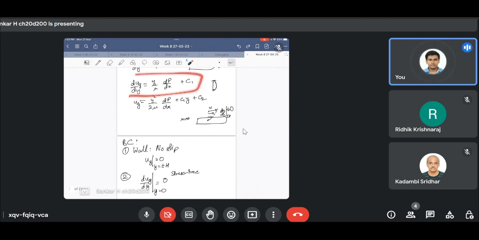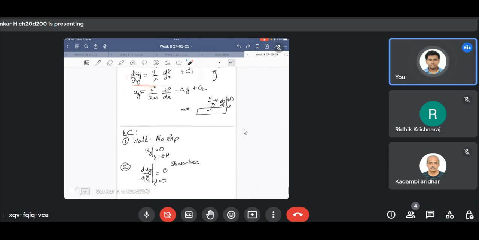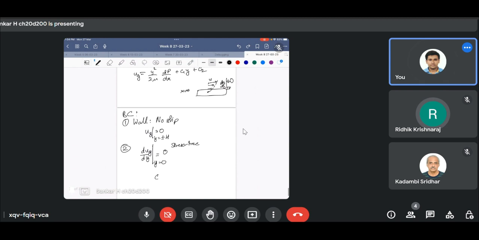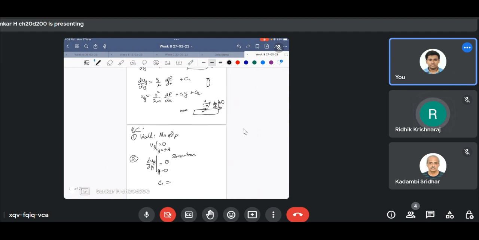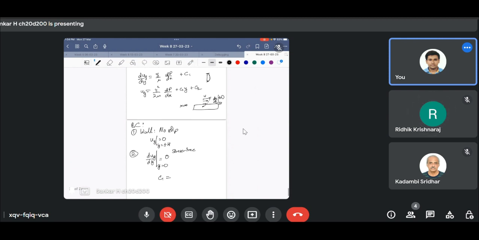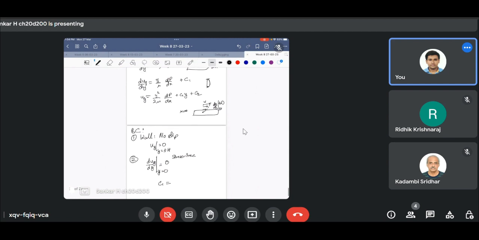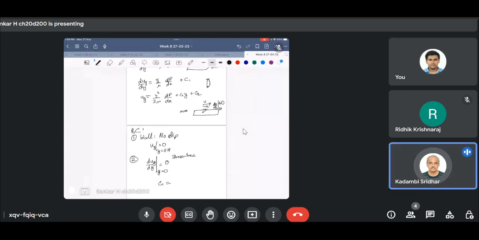Substituting it in this equation, what will we get as C1? Any answers? It will be negative of h plus h by mu dp by dx.